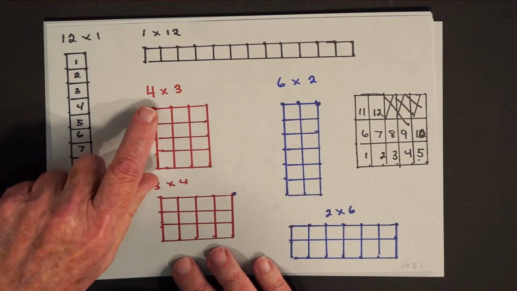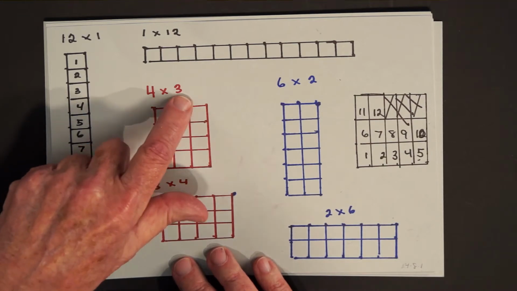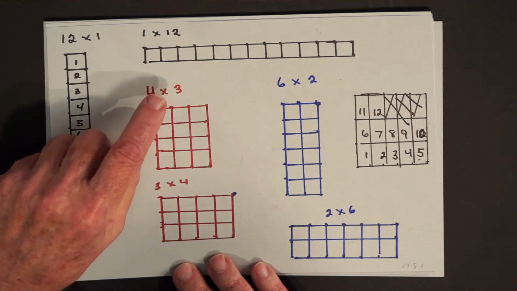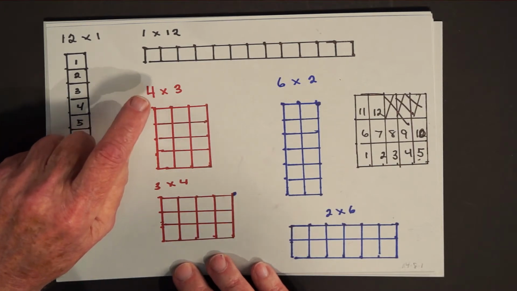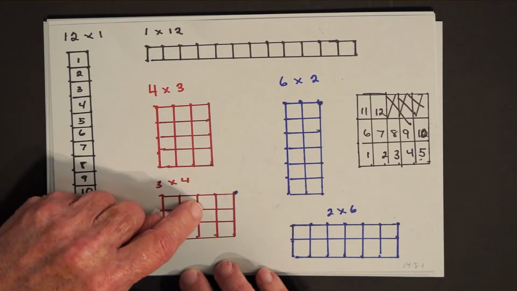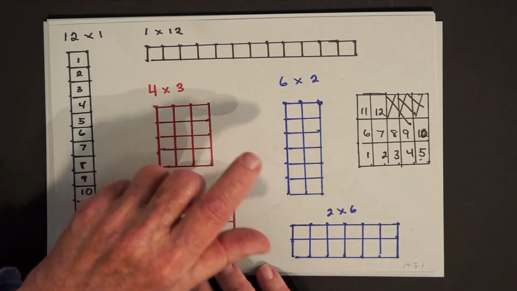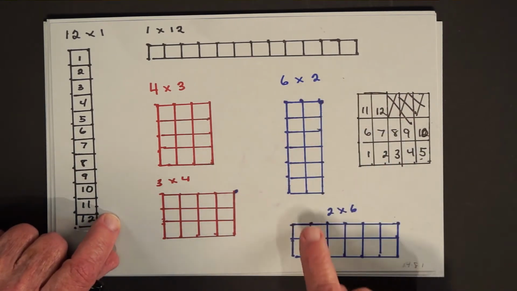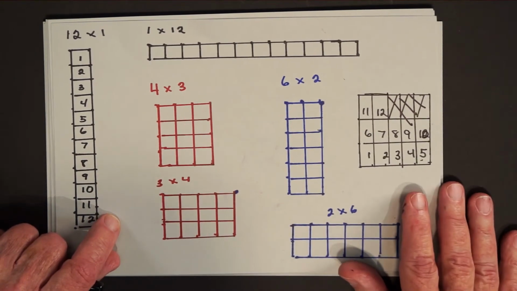You see, if you can have a 4 by 3 rectangle, you can also have a 3 by 4. In other words, in terms of commutativity, 4 times 3 equals 3 times 4, but they look different. In other words, all the numbers are going to occur in pairs, because if 6 times 2 works, 2 times 6 will also work.